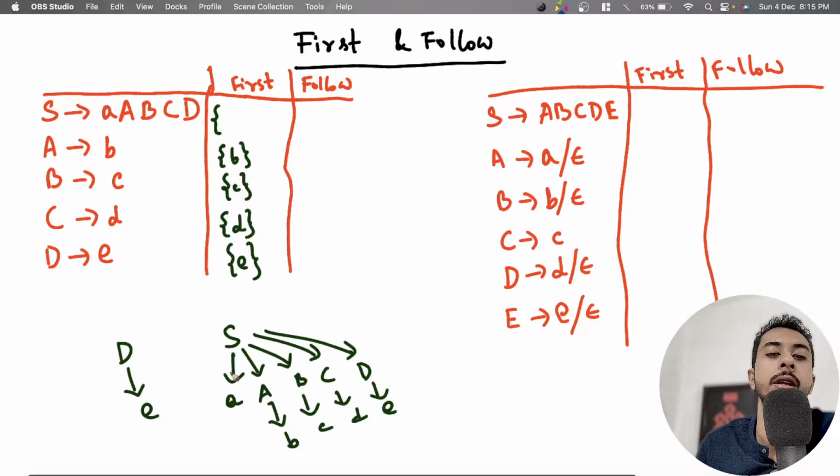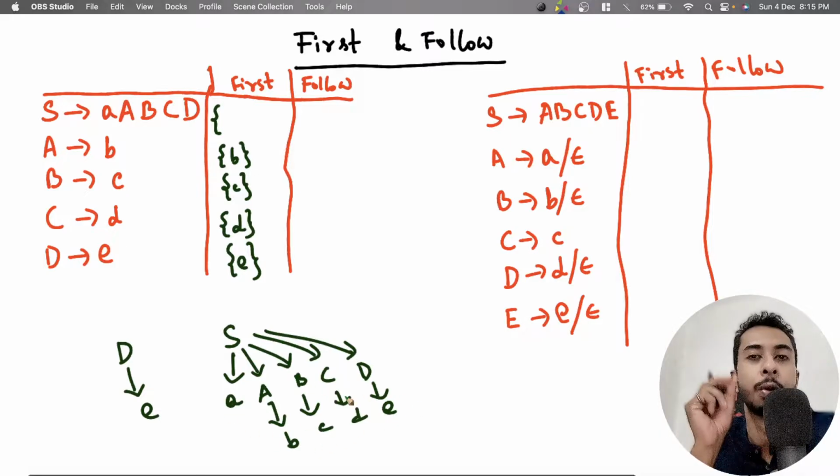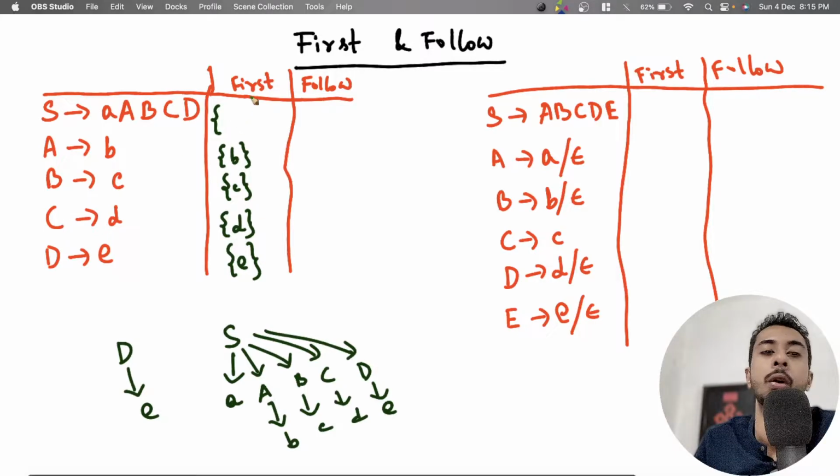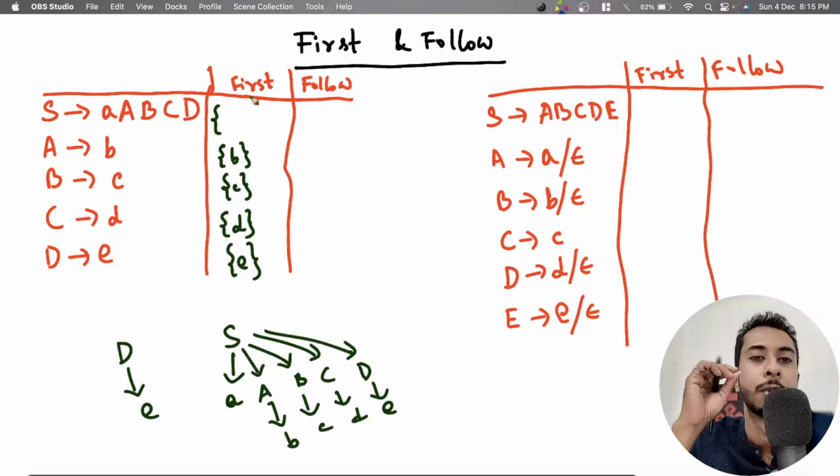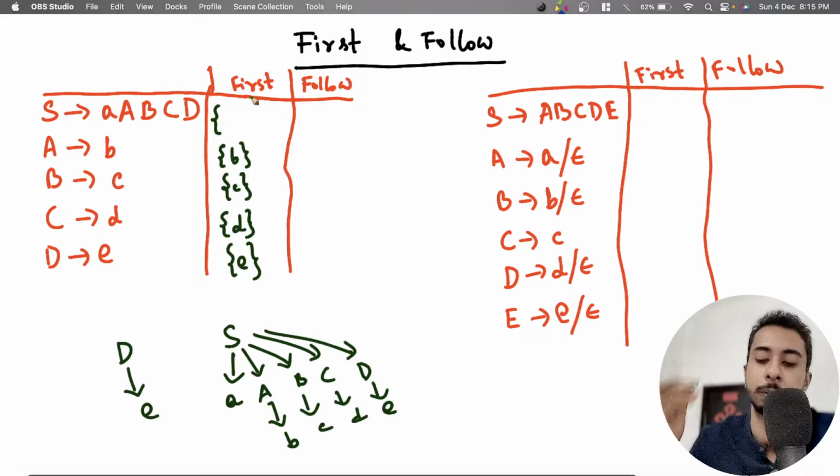What is the first symbol which is produced? Always remember, the first will always contain some terminals, including epsilon. First can never contain a non-terminal. You have to remember this. So it is always small a, because the first of this entire thing when it is produced is always going to be a.